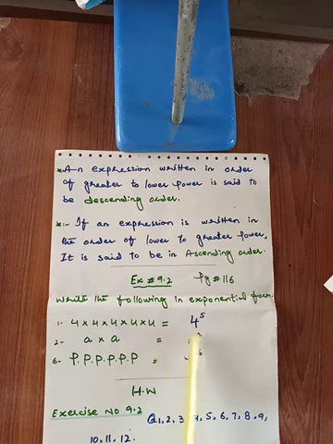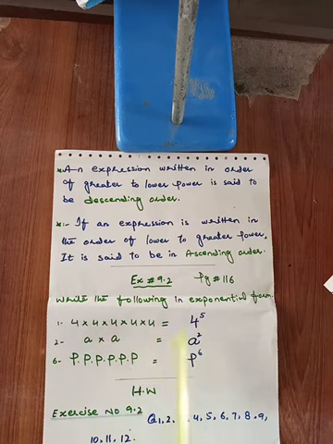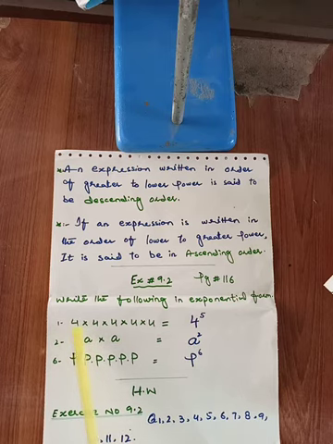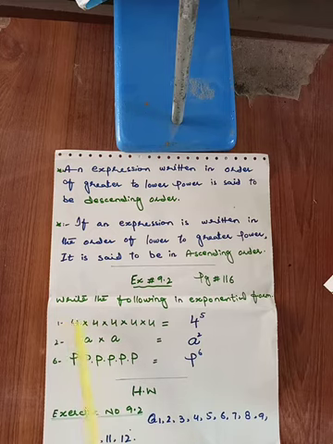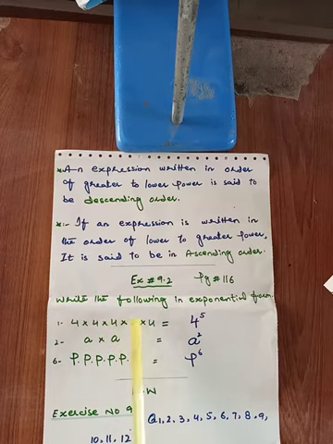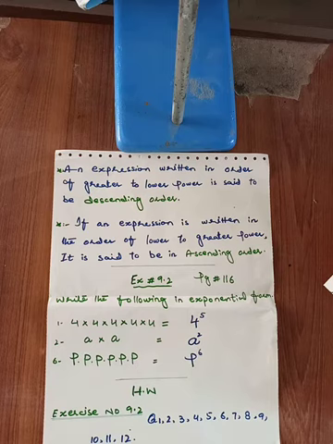So we will write 4 one time, and the power of the first term is 1, in the second again 1, because if there is no power it means the power is 1. So 1 plus 1 plus 1 plus 1 plus 1, it's 5 times. So 4 raised to power 5.